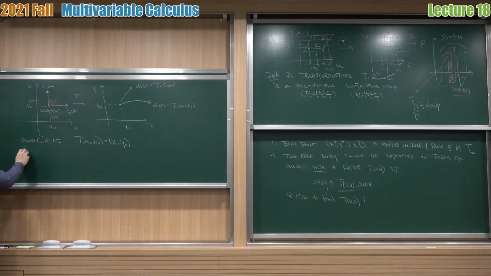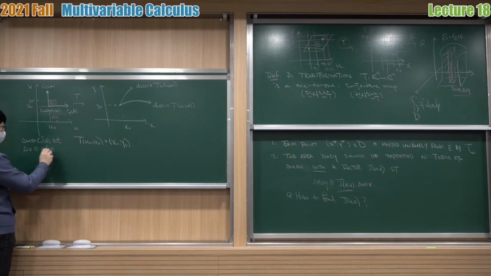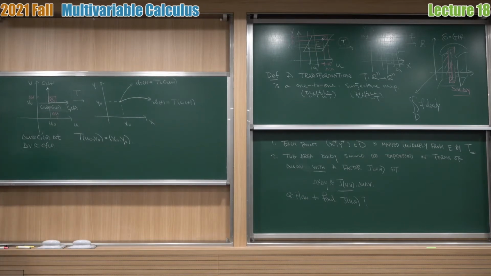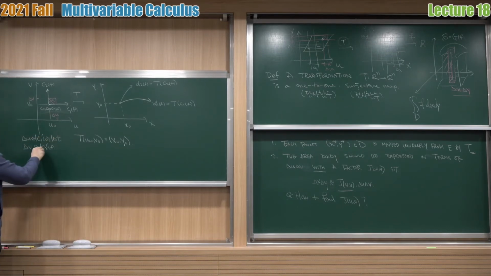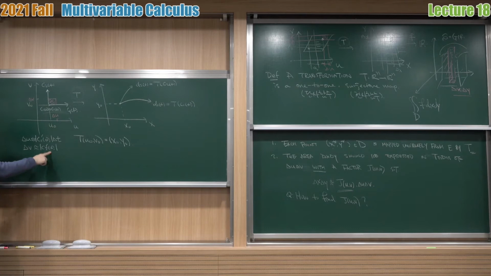And what's delta v? Since I'm moving vertically, if delta t amount of time has passed, then delta v is approximately the speed, so let me make an absolute value sign here, because this is a vector and I want to take the speed.